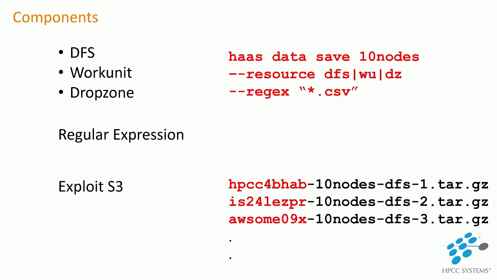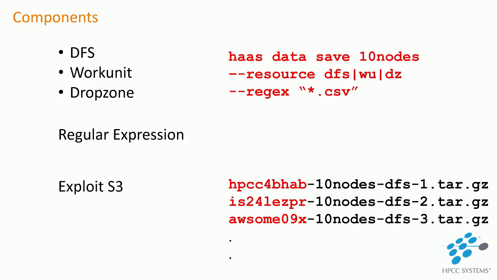The save command is invoked on all the slaves. We do a tar and gzip, and then we copy that from the slave node directly into an AWS object. We take the base 10 nodes and append the proper suffixes on that, so that we can identify it as a DFU object.